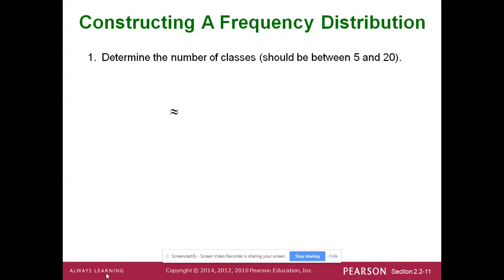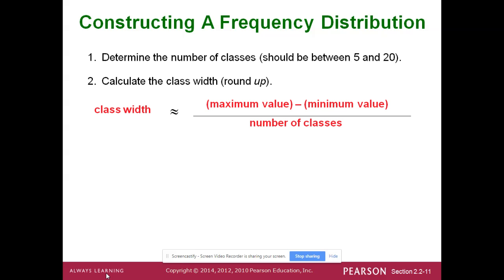Your frequency table should not be 2 pages long. If it is, you're probably separating your data too much. So important, remember that, between 5 and 20 classes.